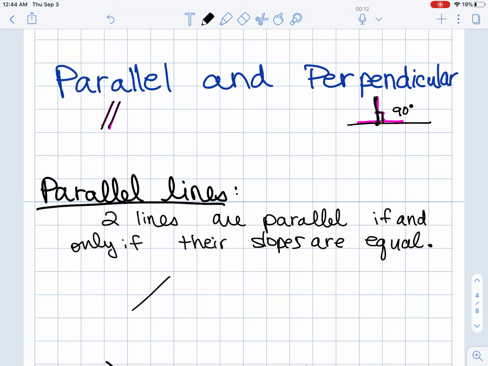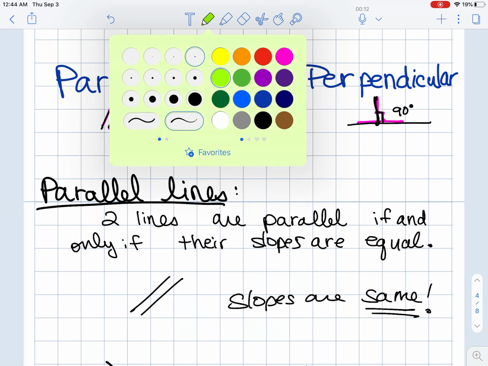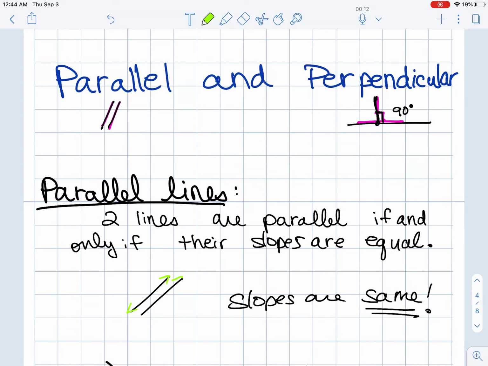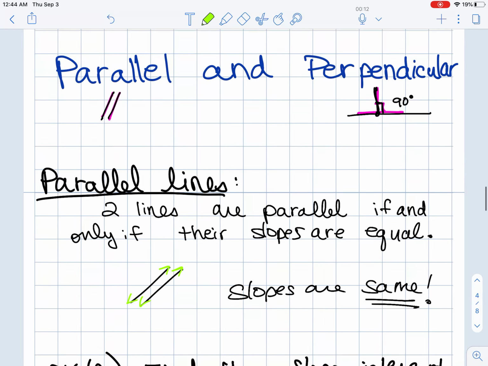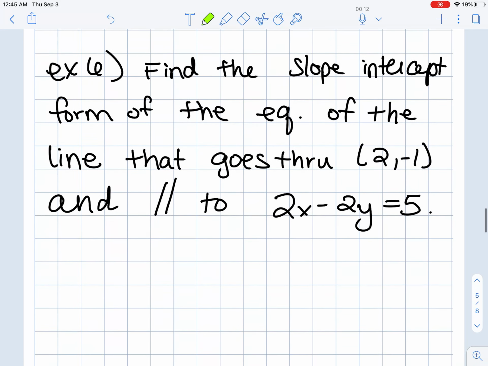So what do we know about parallel lines? That their slopes are the same, right? And that makes sense because if two lines are going in the same direction, they're going to have the same slope.